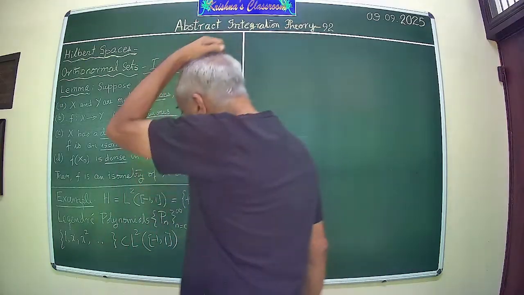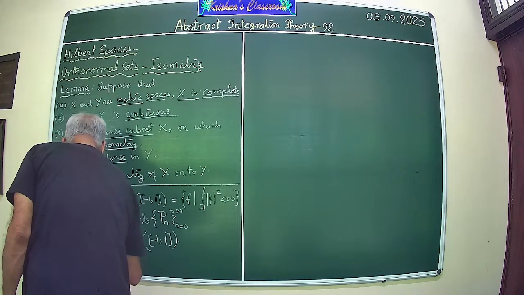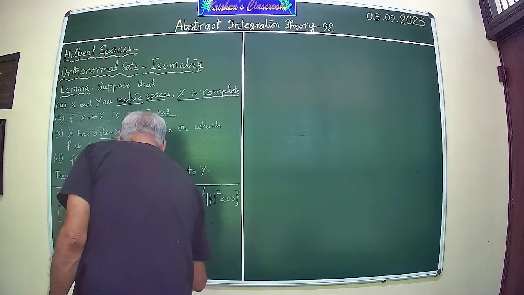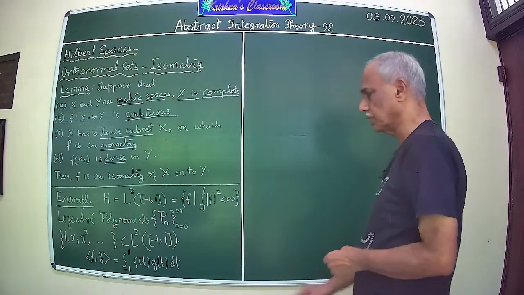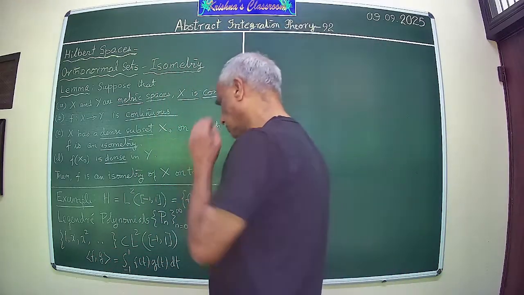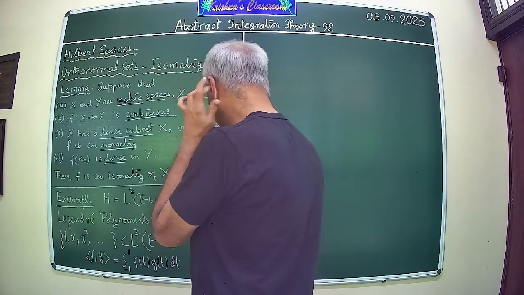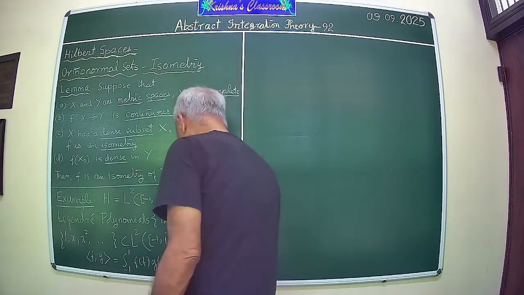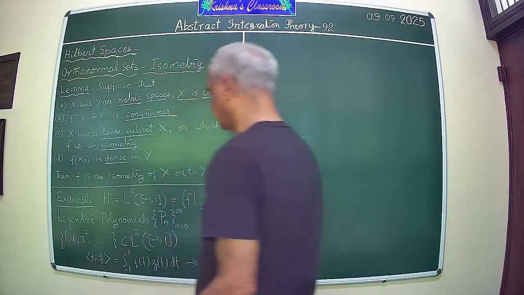And you know that the inner product on this space is given by the integral. We are considering only real functions, therefore there is no complex conjugation. And this leads to the square of the norm of the vector f, the norm f square.